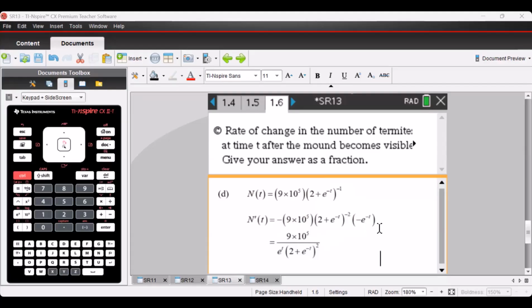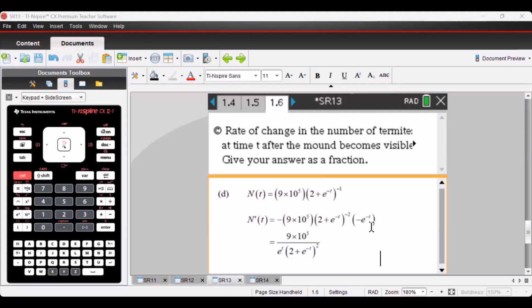Now, what we do is we have a close look at line 2 and we say, we have a product of two negatives. So a negative times a negative is a positive. And we've also got a negative power here and also a negative power here.